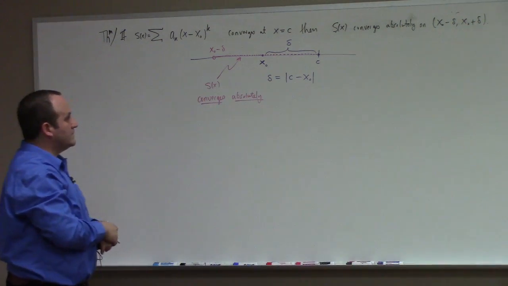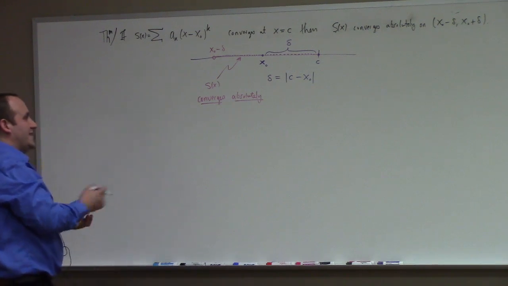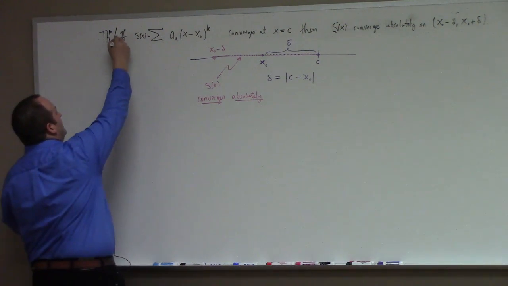That's part one of the theorem. And the proof is really not that hard. You compare the power series to a geometric series, and by direct comparison, this result follows. I proved it with x naught equal to 0 yesterday, so you can watch that if you want. The reason this is true is basically a comparison test with a geometric series. That's part one of this theorem.